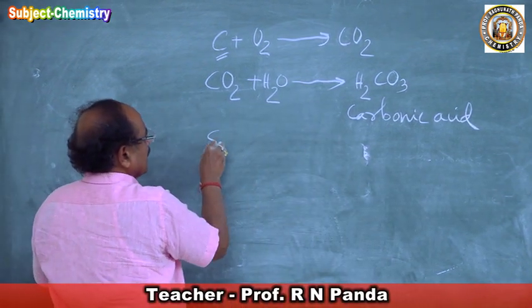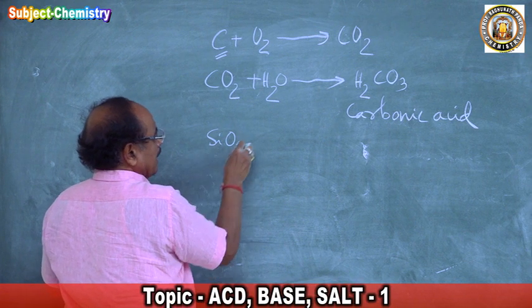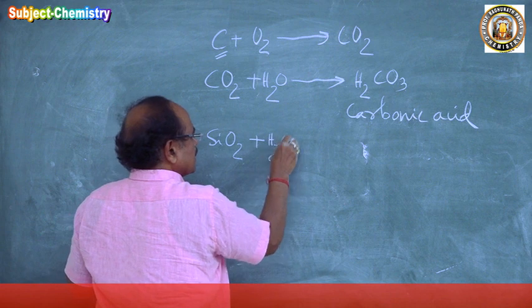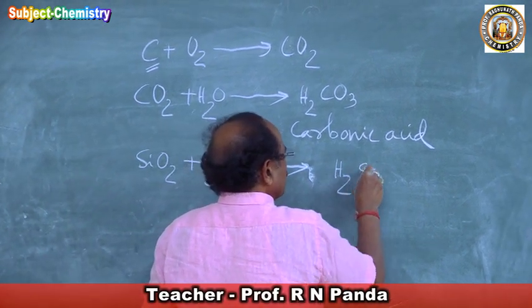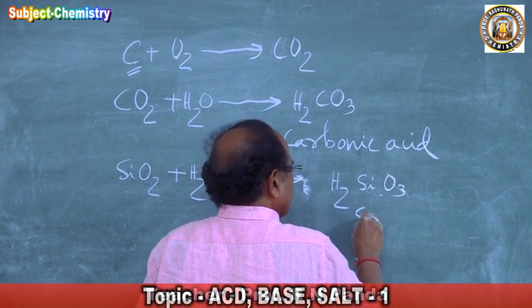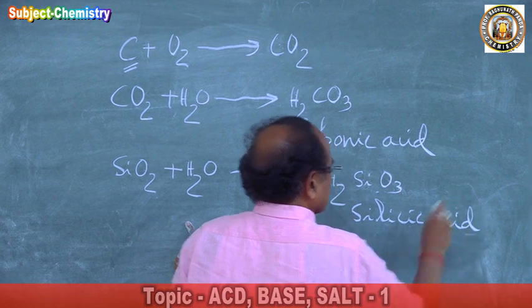Similarly, if you come to silicon, it forms silicon dioxide. It is an acidic oxide. This reacts with water to form H2SiO3, silicic acid.